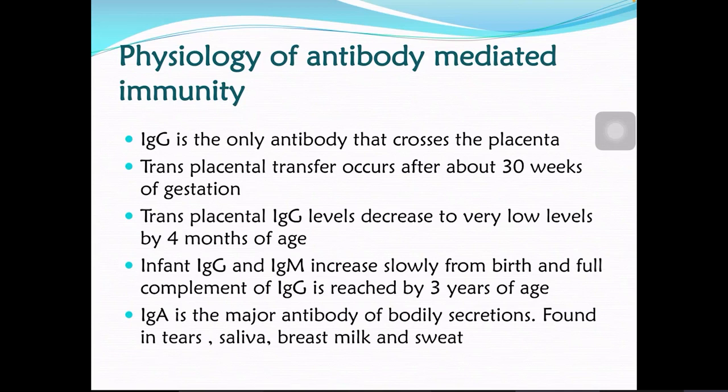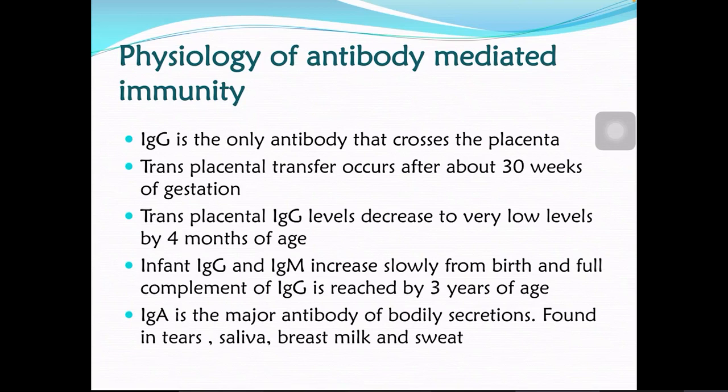At the same time, after the infant is born, they will be exposed to different antigens, and therefore the baby will start to develop an IgM and IgG response slowly from birth, and the full complement of IgG is reached by about 3 years of age.